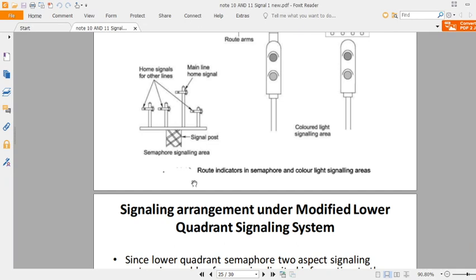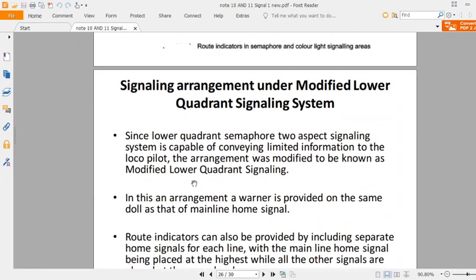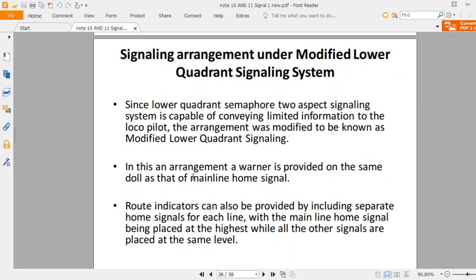Now, the signaling arrangement under the modified lower quadrant signaling system. Since the lower quadrant semaphore two aspect signaling system is capable of conveying limited information, because there are only two types of signal indication to the loco pilot, the arrangement was modified and came to be known as the modified lower quadrant signaling system.